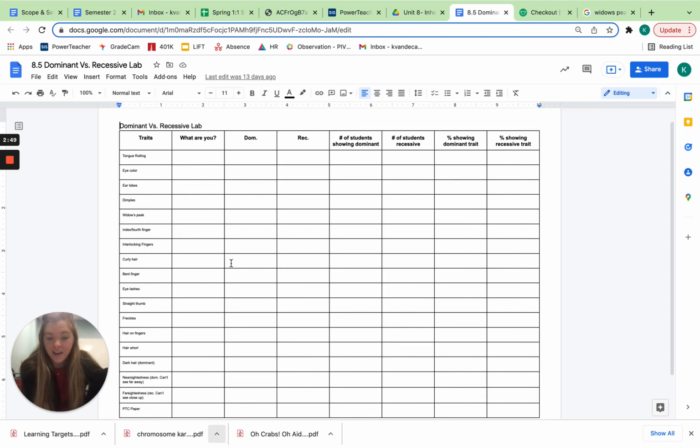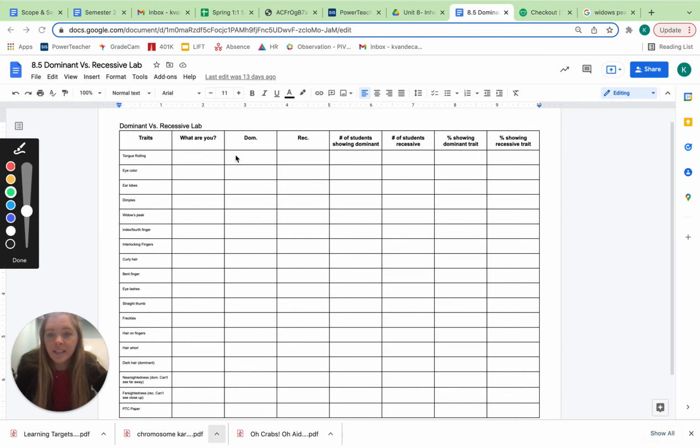So after you have assessed all of your traits, you're going to go up to the front of the room and look at the dominant and recessive columns, and you're going to add tally marks to whatever you were. So if you were dominant for tongue rolling, please add a tally mark there. If you were recessive for eye color, put a tally mark, and put all your tally marks going all the way down for every single one of the traits.